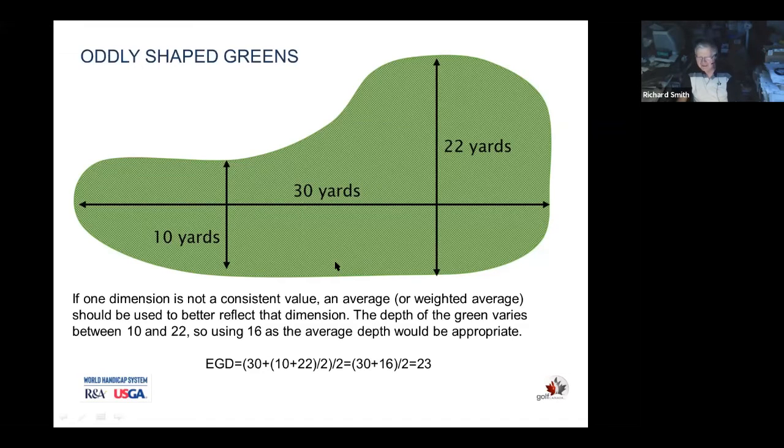So yeah, we could do the average of the two parts this way, or we could just try to allow for the curve and take a single measurement, probably within one yard anyway. And the green target table has a range of average diameters in any case.